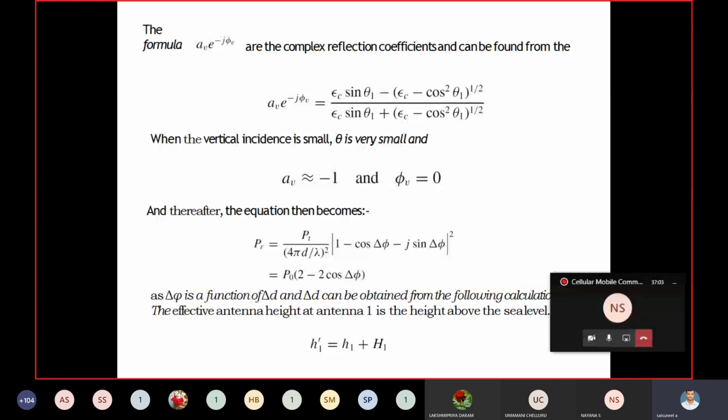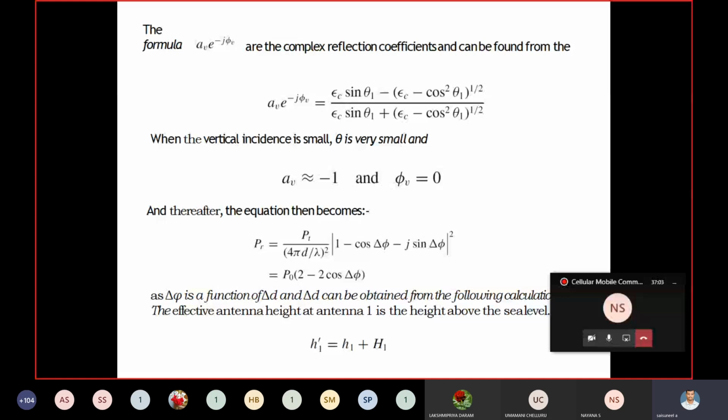Then finally we get PR equals PT into (1 by 4 pi d by lambda) whole squared, times the modulus of the term. Whenever phi v equals 0, e power minus 0 equals 1, so we get the modulus of 1 plus AV e power j delta phi, and this term can be removed.